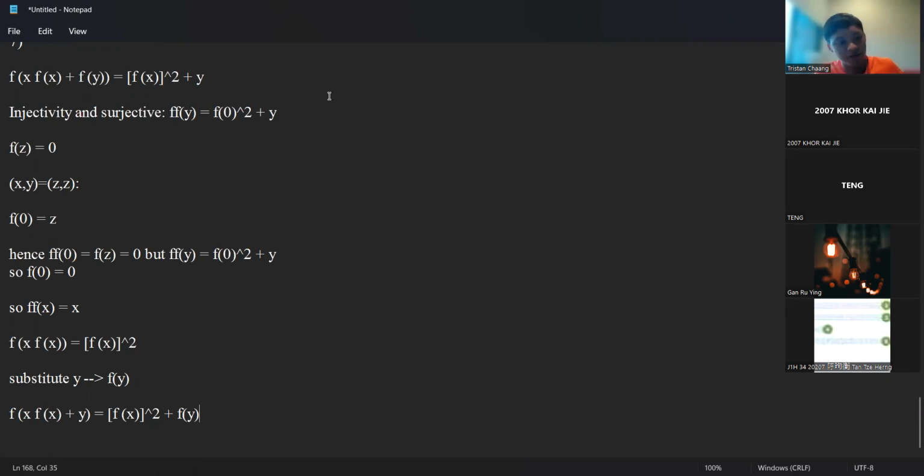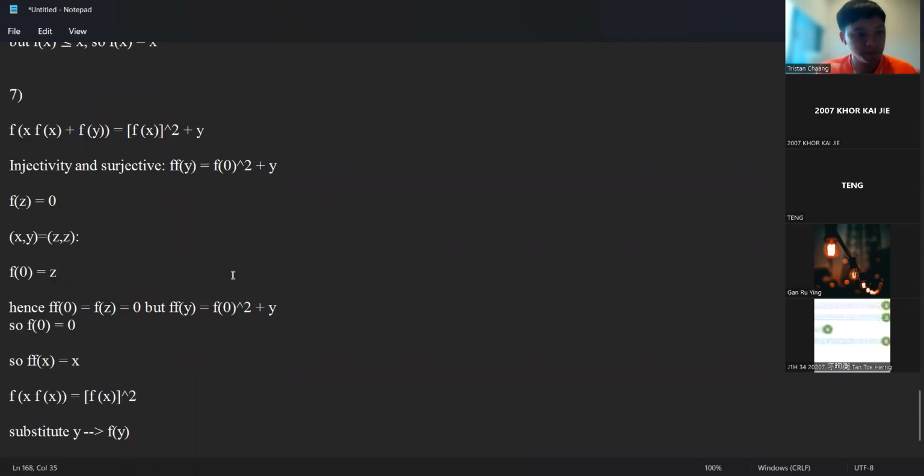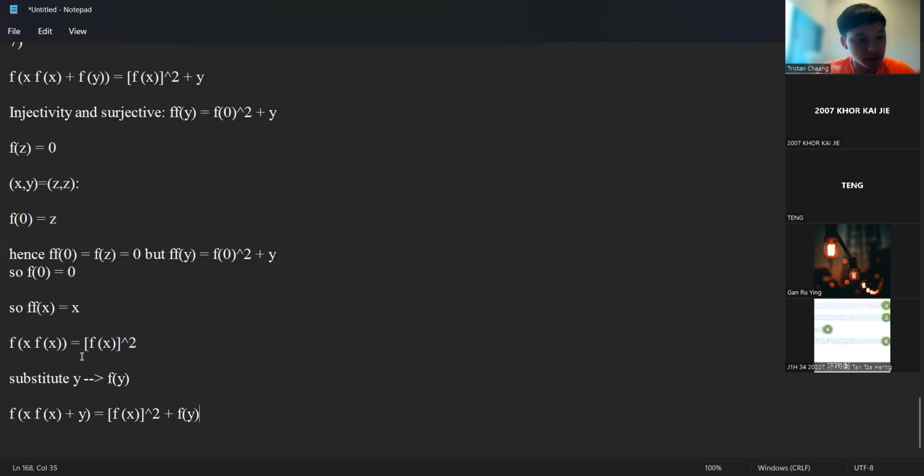Very, very similar to Cauchy. f1 squared equals x. How did you get that? By substituting x as 1.